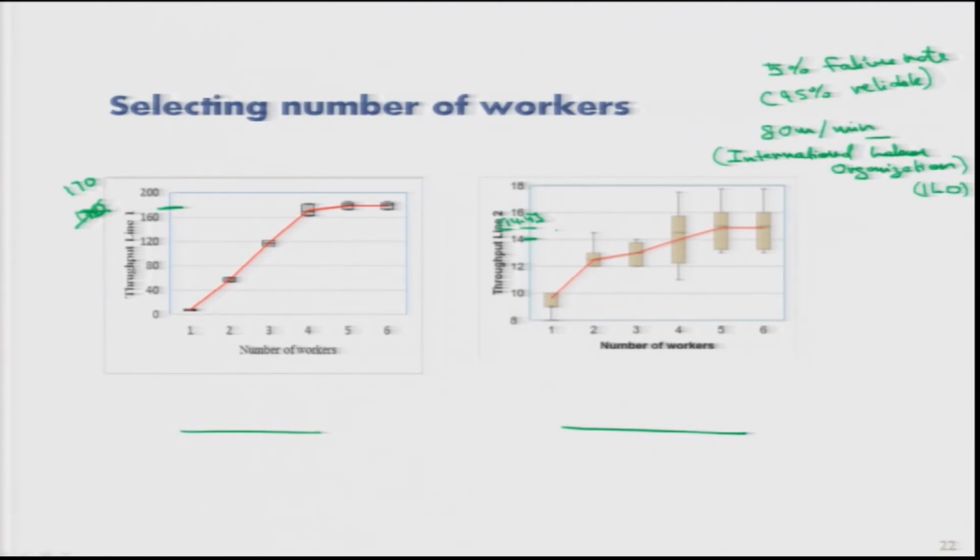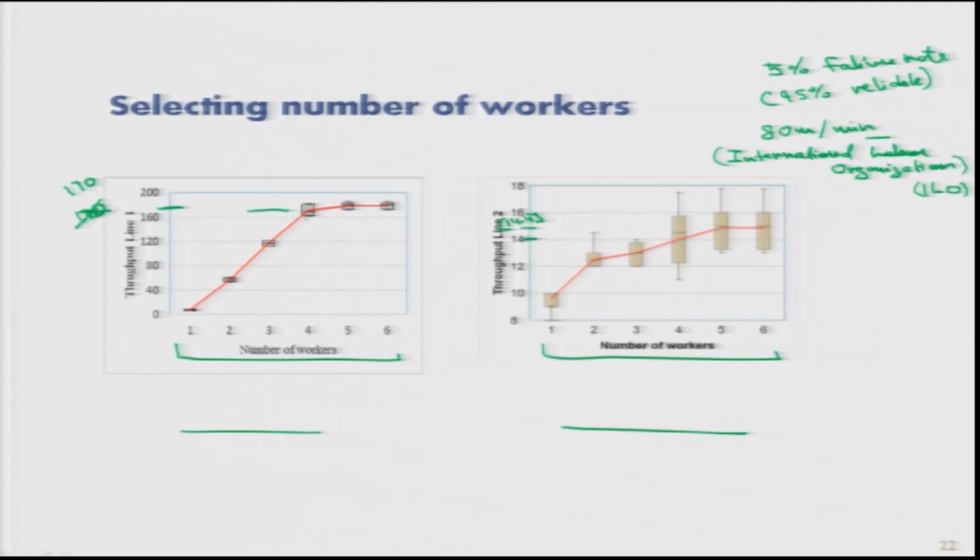So, to choose the worker pool, the first starting scenario was 1 worker per activity, that is, there are a total of 6 activities and 6 workers were chosen. One worker per activity was the starting point, and it was found that similar throughput is possible with 4 workers as well.